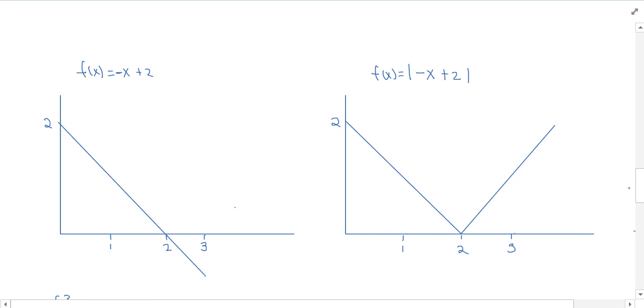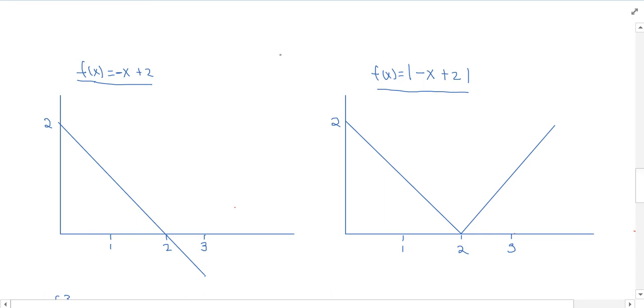So here we have two exactly the same equations, except one is the absolute value of the other. And we know that absolute value graphs never cross the x-axis, so it just goes to the point that intersects it, at 2, and then it bounces back up.